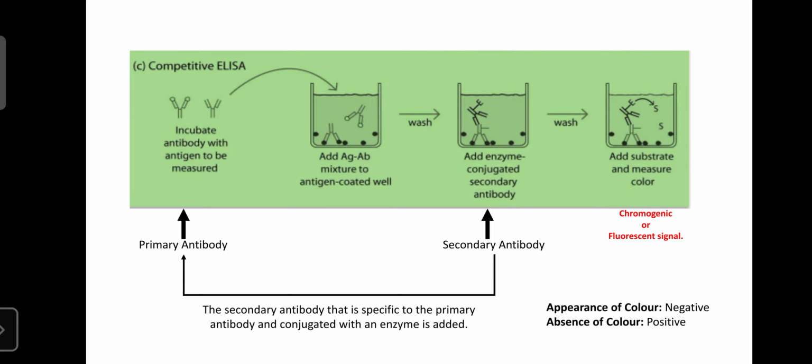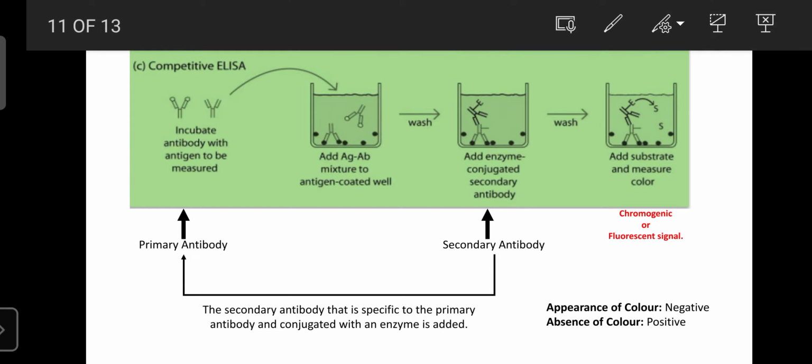First we incubate the patient serum with the particular antibodies, known as the primary antibodies, so that we can monitor the antigens. If the patient serum has antigen, it forms the antigen antibody complex.